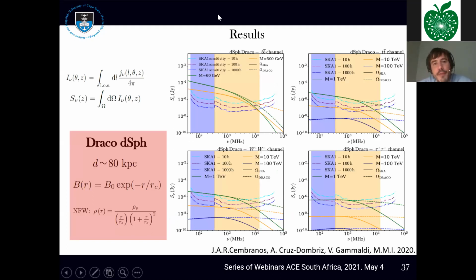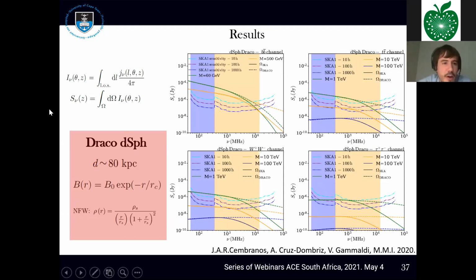These are some of the results we get in our work. Let me tell you some technical details, just for those of you who are interested. Basically, what we have done is calculate the density of radiation due to the annihilation of dark matter into different channels, and we also considered different masses for extra-dimensional dark matter.